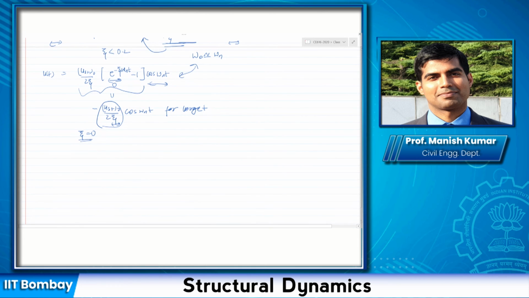So what happens if you try to plot this expression? Again, my system, as the frequency matches, omega equal to omega n, the natural frequency of the system, what you will see, let me just draw something like this.